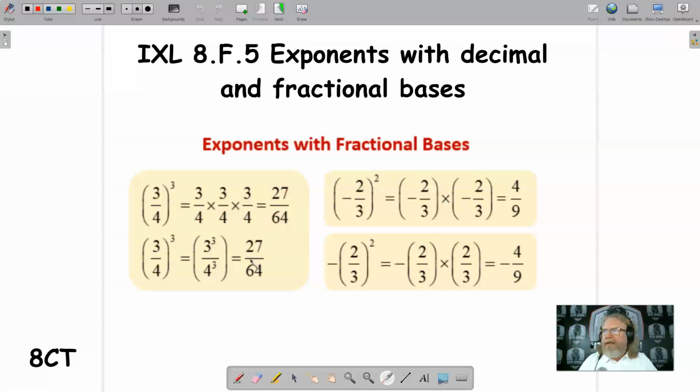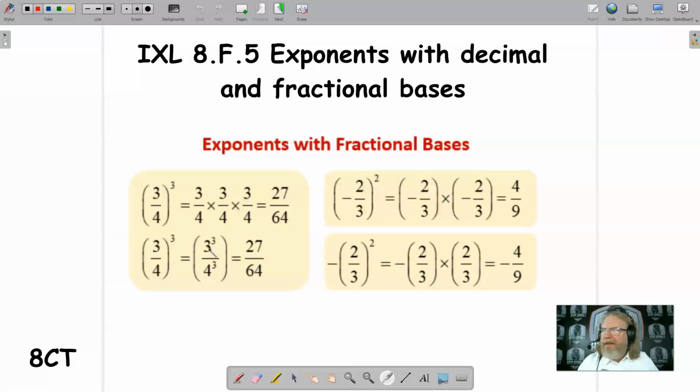And let's look at another way to do that, though. We know that 27 is 3 to the third power. We know that 64 is 4 to the third power. So this lets us know that there's a little, it's not really a trick, but we can take the exponent 3 in this case and apply it to both the numerator and the denominator, and we can rewrite 3/4 to the third as 3 to the third over 4 to the third.